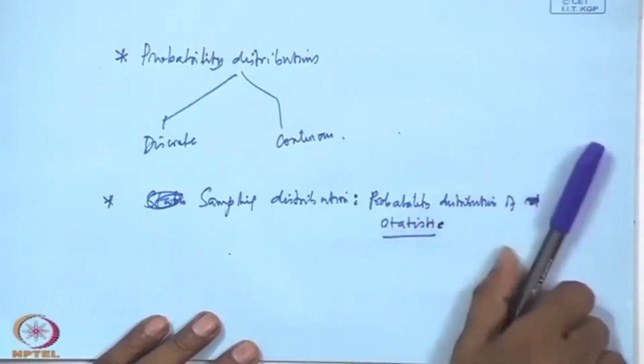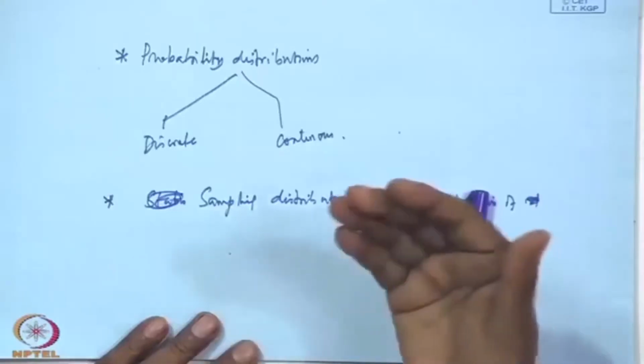By statistics we are basically talking about a random variable. I will explain in the univariate as well as multivariate case what a statistic is and how it is a random variable, all those things will be discussed to you. Okay.